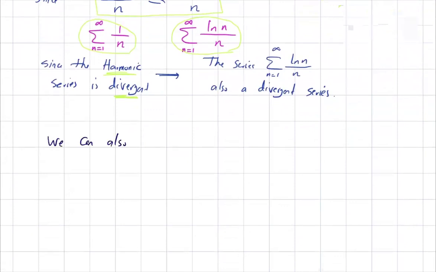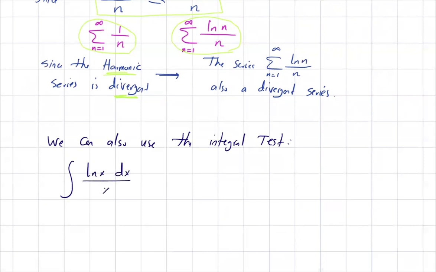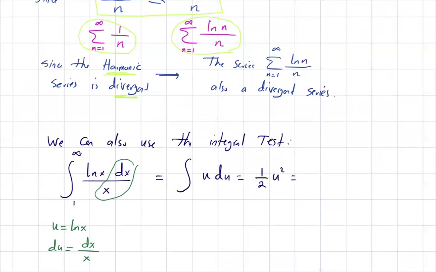We can also use the integral test. The integral of ln of x dx divided by x between 1 to infinity, using a simple substitution u is equal to ln of x, du is dx divided by x, which is already here, can be written as the integral of u du, or a half u squared, or a half ln of x to power 2, x ranges between 1 to infinity.